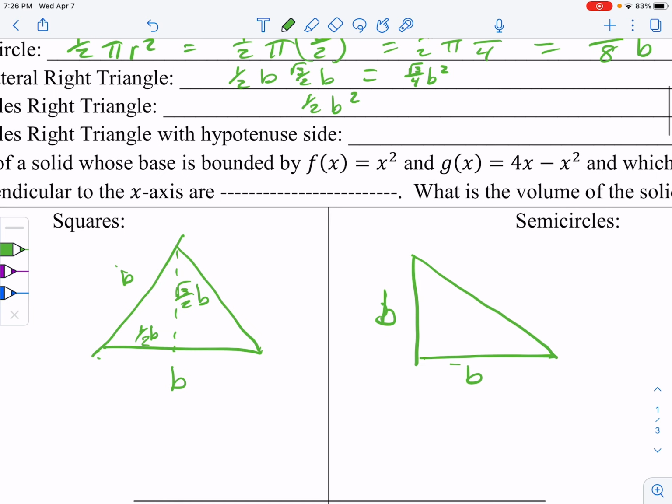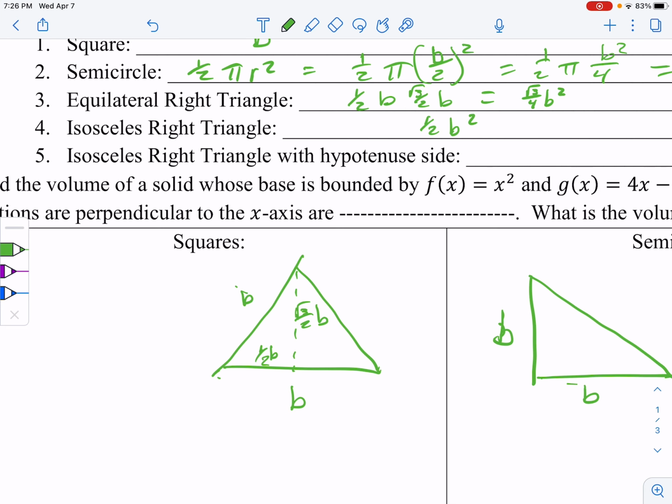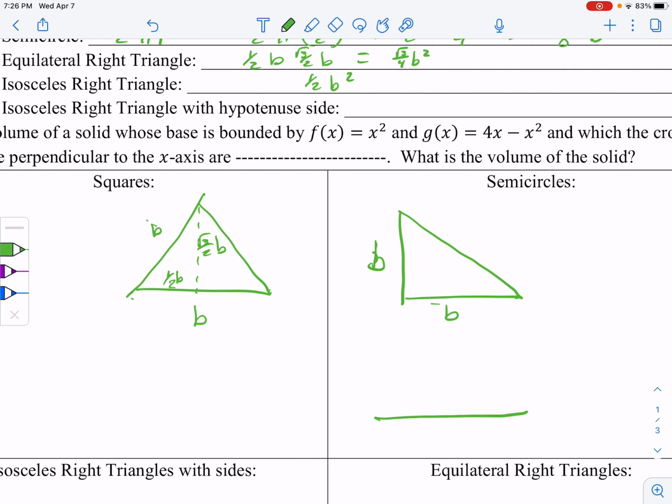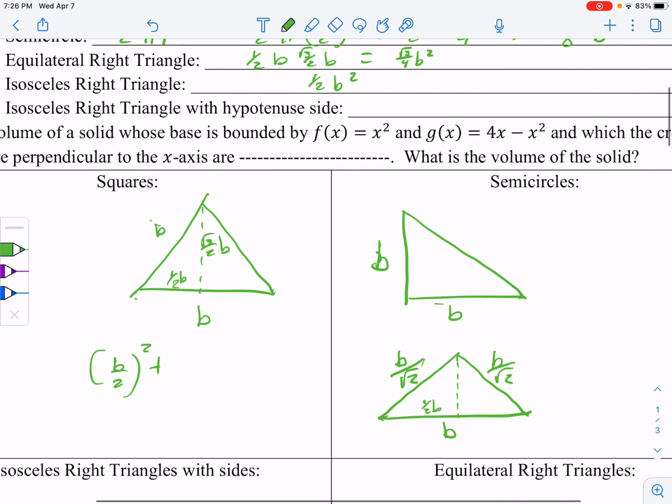The last one here says an isosceles triangle with the hypotenuse as the base. So instead of my triangle like this, it's this way, and these two are the same length. So this is b over root 2, and this is b over root 2, because it's isosceles. Well, if you do the Pythagorean theorem, this is 1/2 of b, so you have b over 2 squared plus the height squared equals b over root 2 squared.